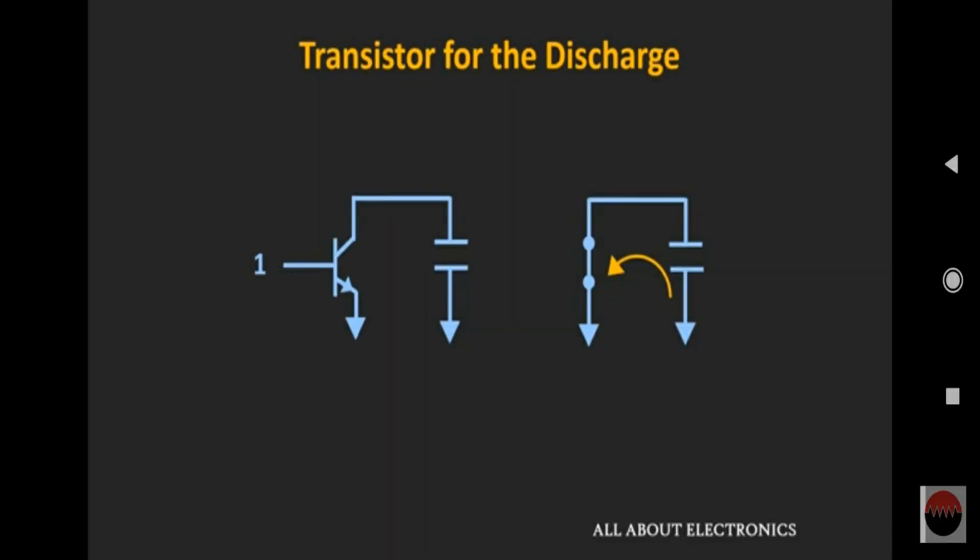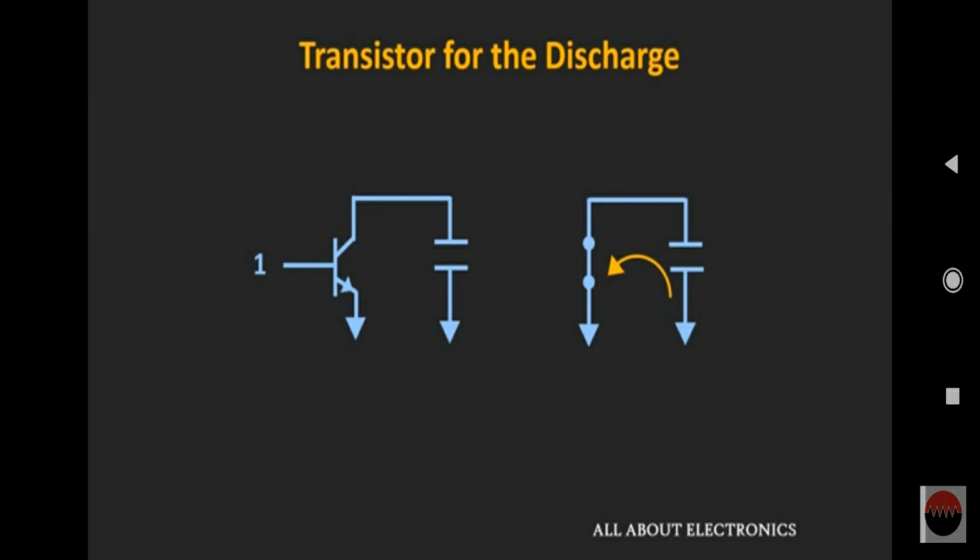Pin number 7 of the 555 IC timer is the discharge pin. This discharge pin is internally connected to the transistor and externally connected to the capacitor. Here, when the input to the transistor base is positive, in such a condition the transistor acts as a closed switch.